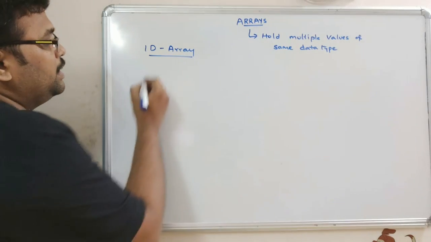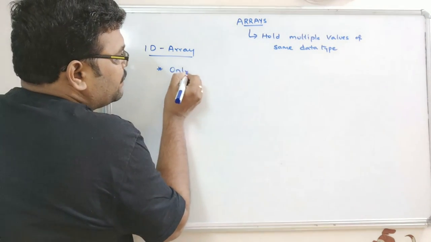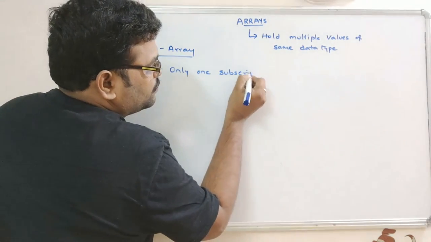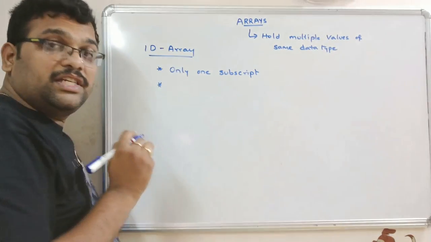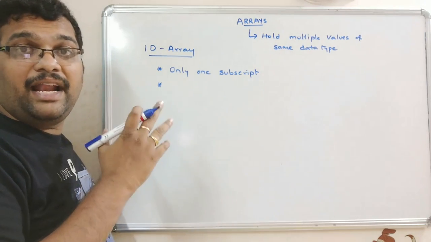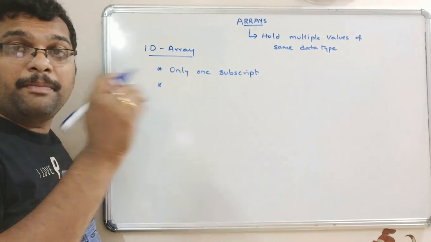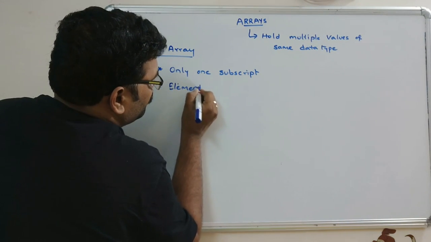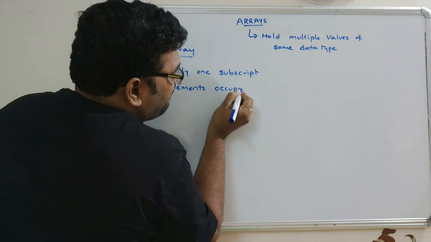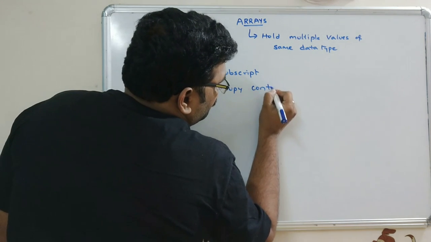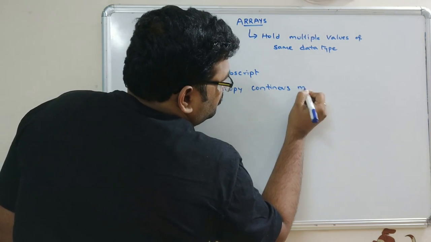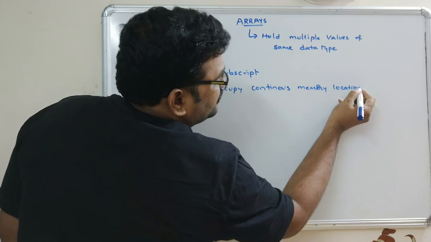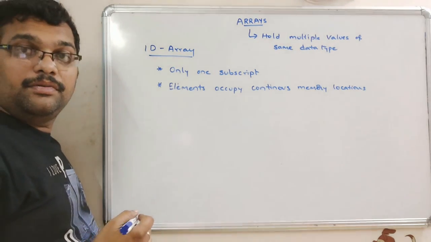One D array. It has only one subscript. And all the elements of this array will be stored in continuous memory locations, right?